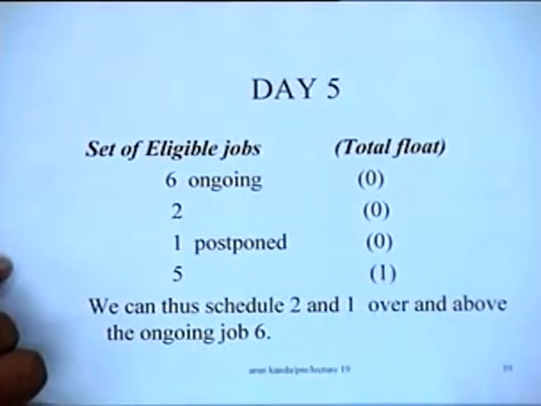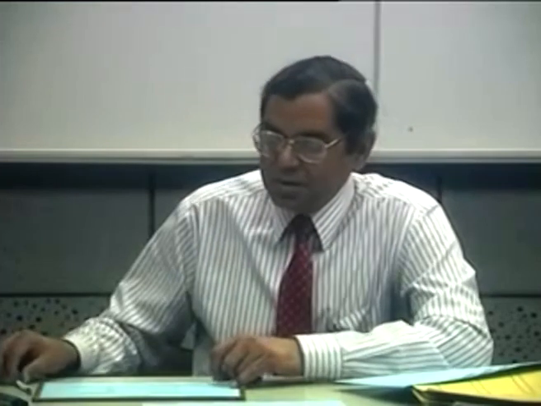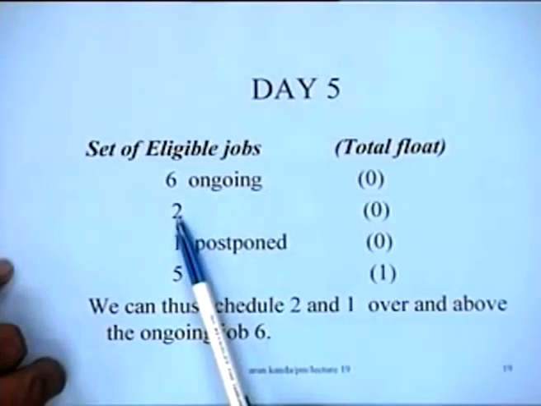You see, 5 had a total float of 4, and gradually we have been postponing it every day, and therefore its slack has become less and less. So a stage would come when it would become critical and would become top priority. So at this particular stage, 6 is ongoing and 2 can be accommodated.